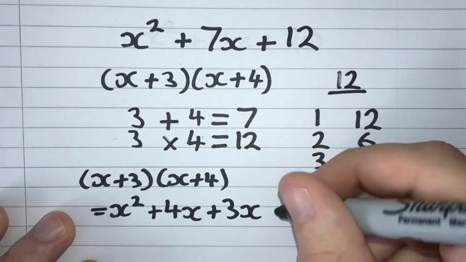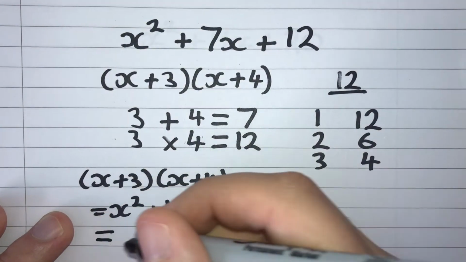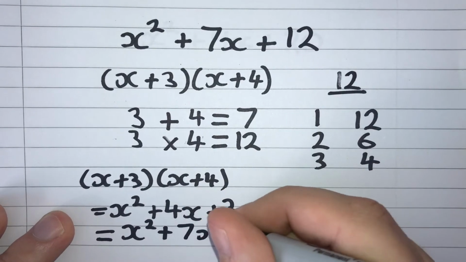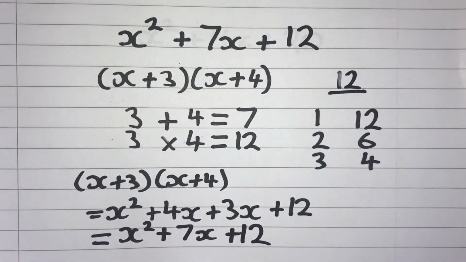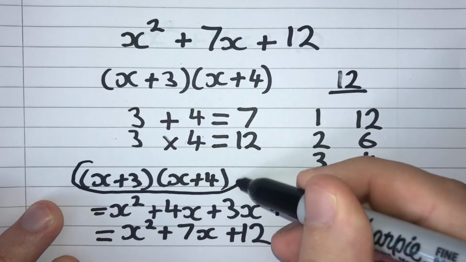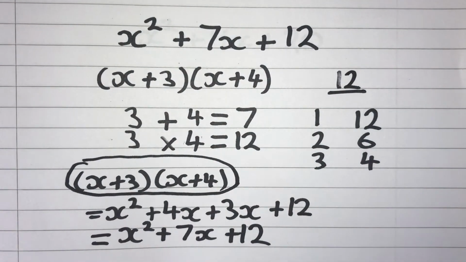And then 3 times 4 would give us 12. And then if we collected these like terms, we'd end up with x squared plus 7x plus 12. And that's exactly what we started with. So we know we've factorised correctly. This is going to be our answer here, x plus 3, x plus 4.